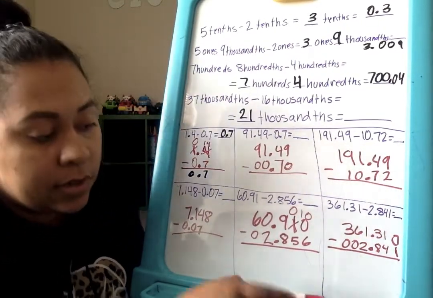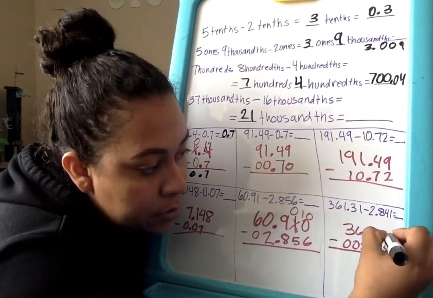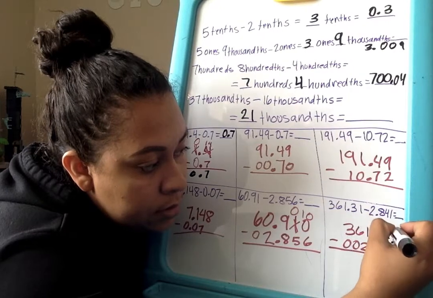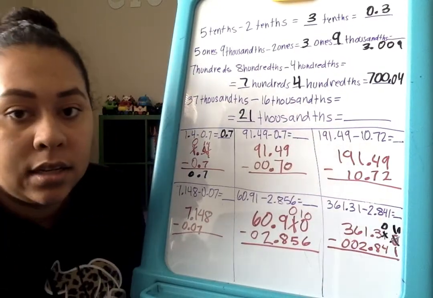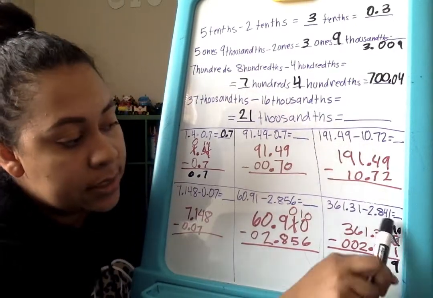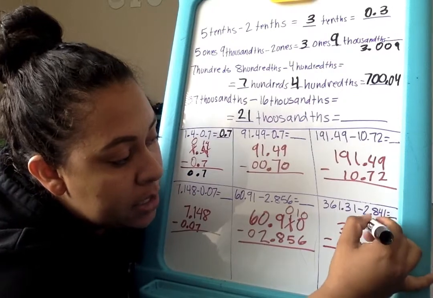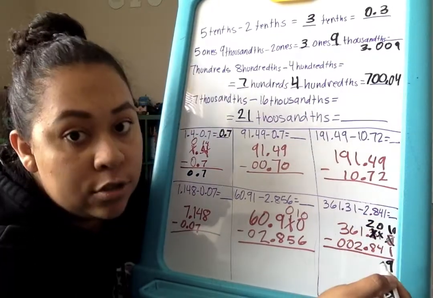So now we have 0 minus 1. We don't have enough, so we need to regroup. So 10 minus 1, which is 9. So now 0 minus 4. Again, we don't have enough, so we need to borrow from the tens place. So that makes 2.